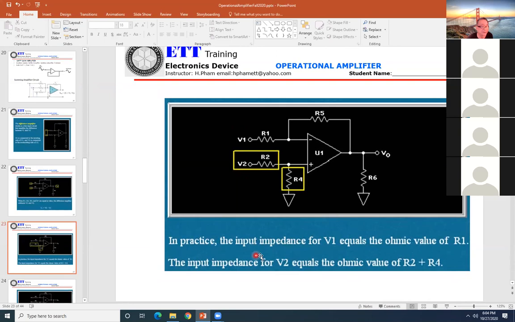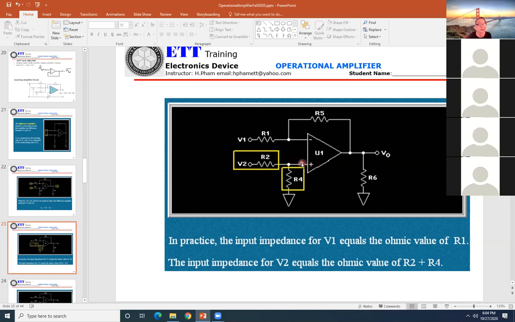In practice, the input impedance for V1 equals the ohmic value of R1. Input impedance for V2 equals the ohmic value of R2 plus R4. Now, if you're looking in here, the voltage to U1 is not the V2 right here. It has to be right here, at the positive input.